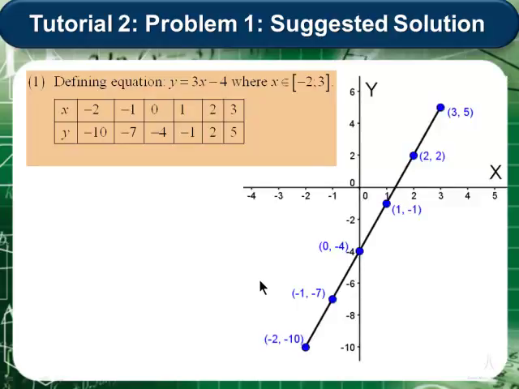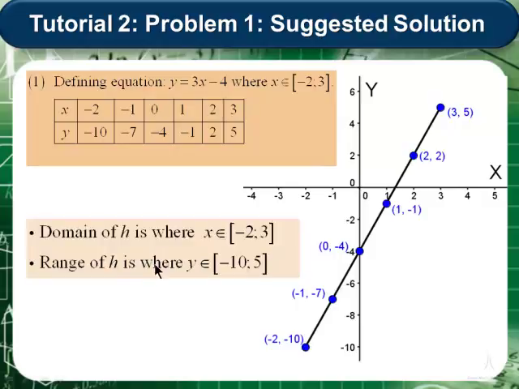Then all we do is we now got 6 points, quite a lot of points. You plot these points and then you can draw the line segment. Note, the line segment's got 2 endpoints. It's not continuing because the domain is restricted and therefore the range will be restricted.